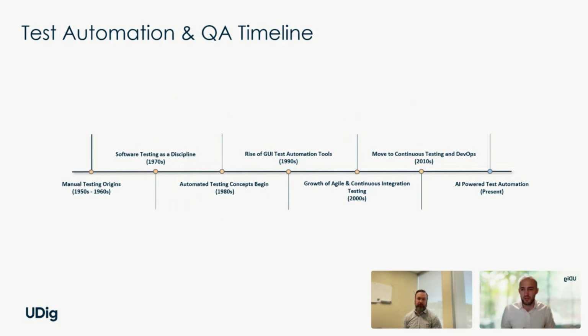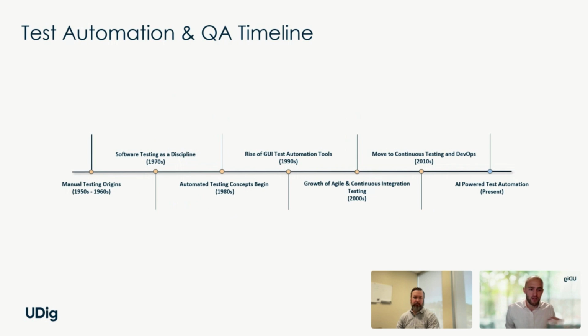As software has become increasingly integral to business operations and daily life, the need for reliable and efficient testing methods has grown. I think everyone in this space knows how important test automation and quality assurance is in the software implementation lifecycle. Looking to the right of this timeline, you can see where we think test automation and QA is headed, and very quickly.